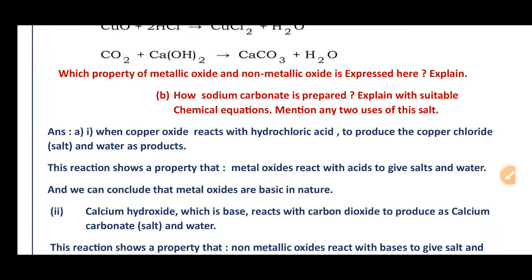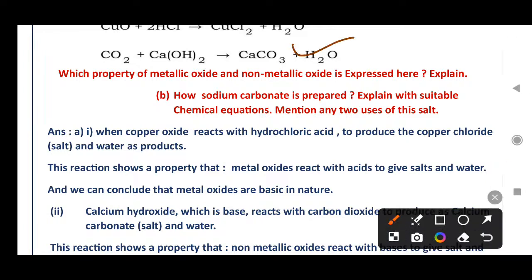Then second one, calcium hydroxide, which is a base, reacts with the carbon dioxide to produce calcium carbonate, that's a salt, and water.